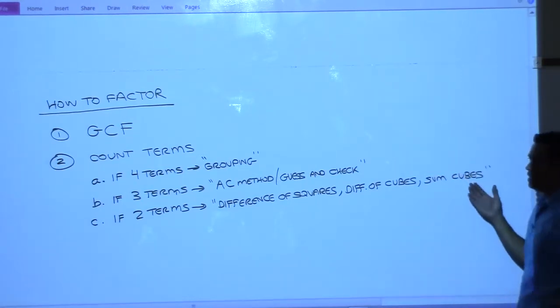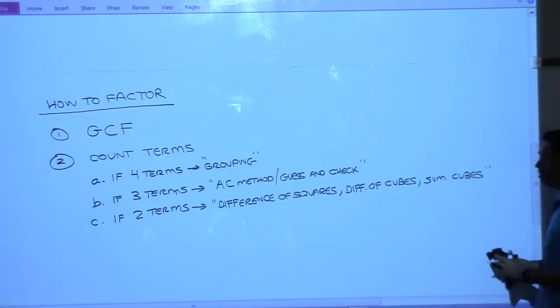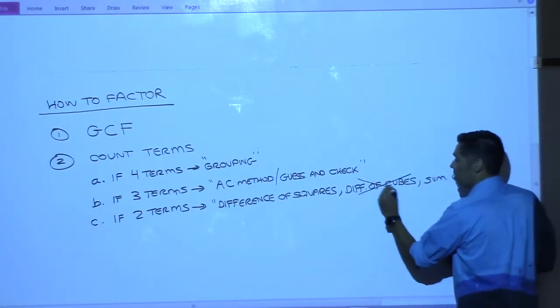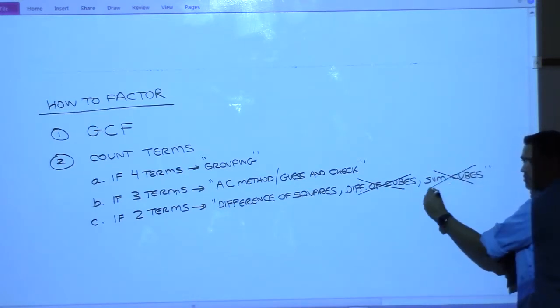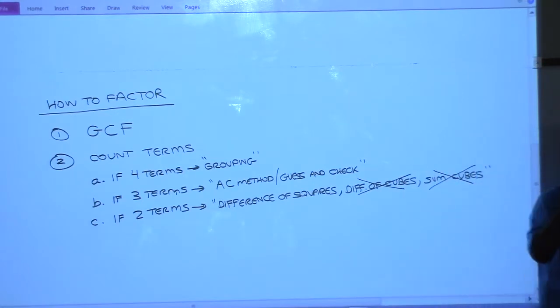You're going to be looking for one of these 3 things. Now, in this class, because this is 13-14, we actually make this class a little easier. So we aren't even going to deal with these 2. We're only going to do this. So if we ever have 2 terms, you're always going to be thinking difference of squares.